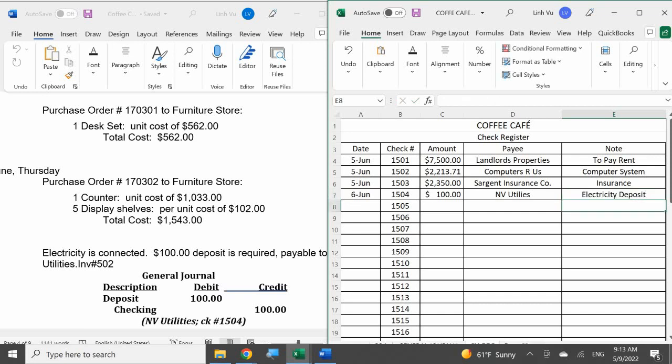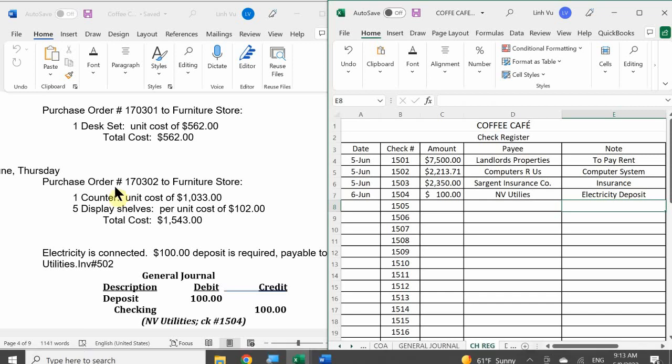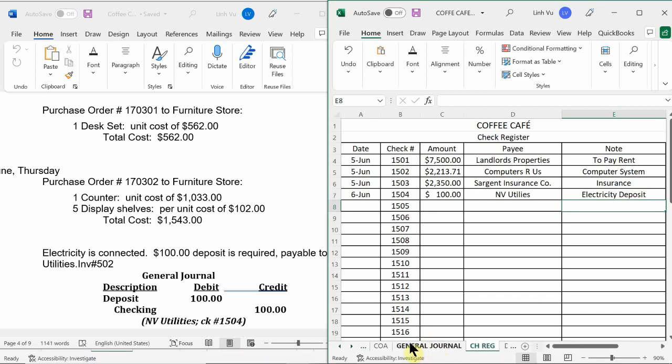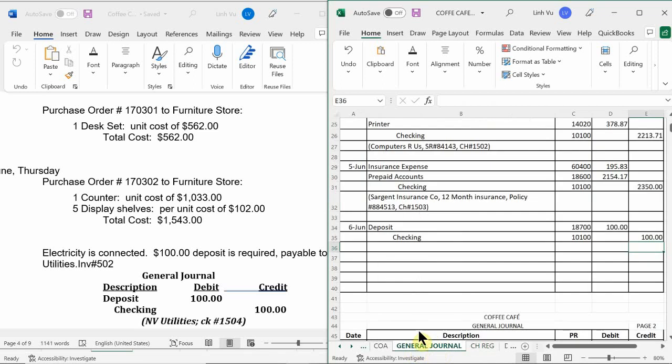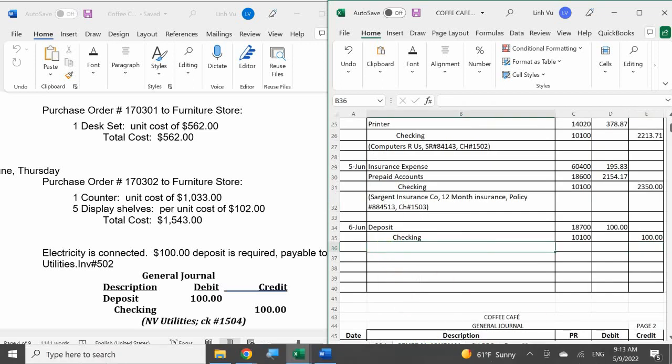An electricity deposit. And we have our invoice number 502. So we have all our information that we need, right? Who was the vendor that provided us this electricity? NV Utilities.